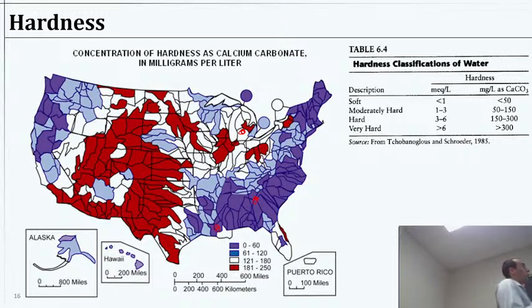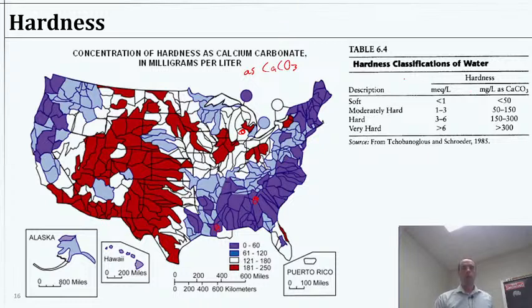If we take a look at what describes hard water, we tend to describe it in milligrams per liter as CaCO3, as calcium carbonate. The amount of hardness described that way is describing how much of this precipitate we could form if we were to precipitate it. We have different threshold values here.